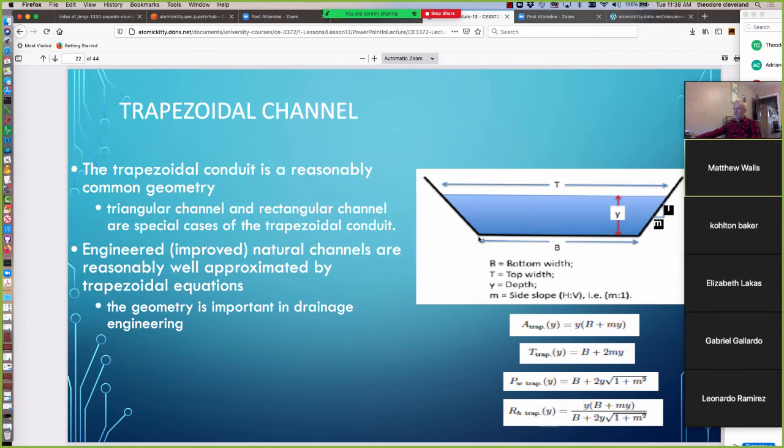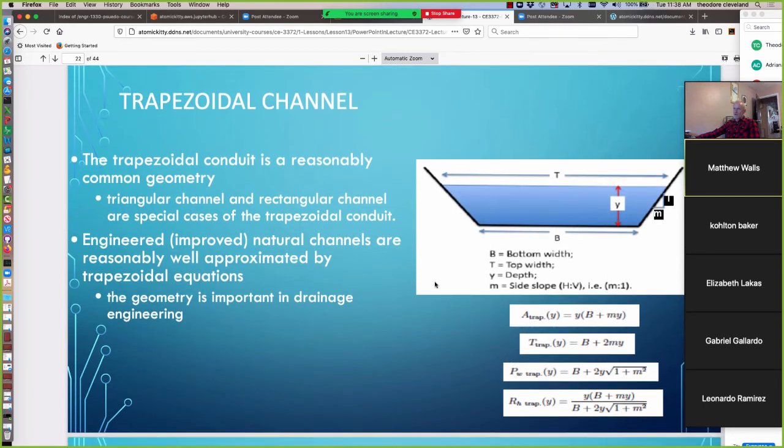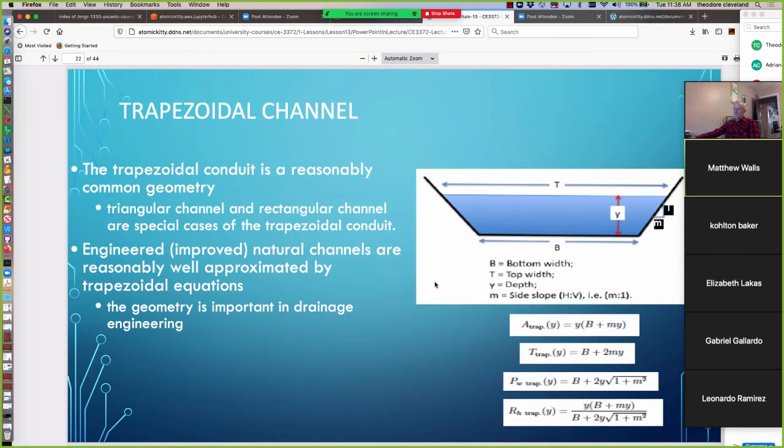Natural channels are all wiggly and rough, but they take on a pseudo-trapezoidal shape, and if you're in a hurry or doing just an initial conceptual analysis, then it's a good approximation for natural channels.